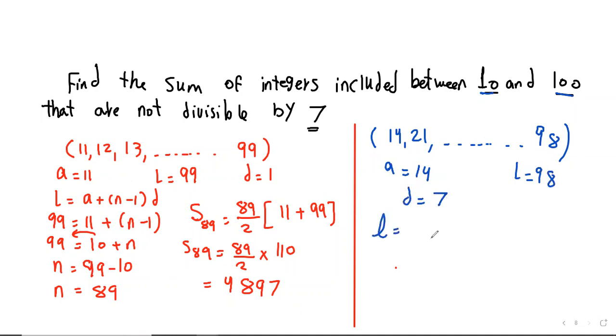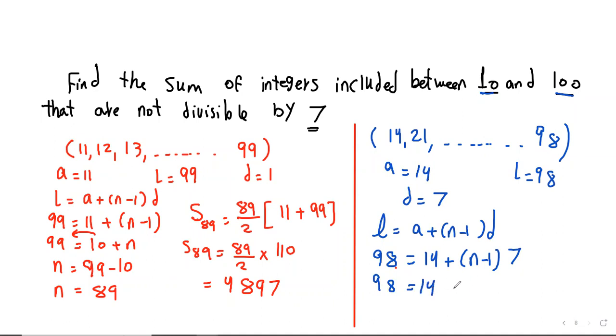And you know that L is equal to what? L is equal to A plus (N minus 1) multiplied by D. So 98 equals 14 plus (N minus 1) multiplied by 7. So 98 equals 14, and 7 times N is 7N minus 7. 14 minus 7 equals 7.